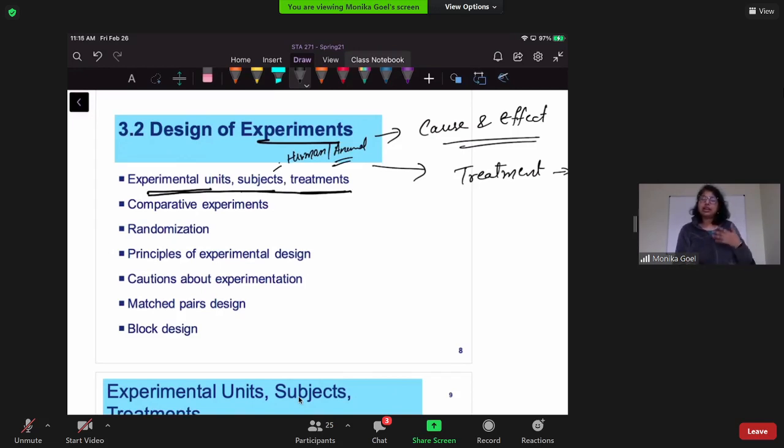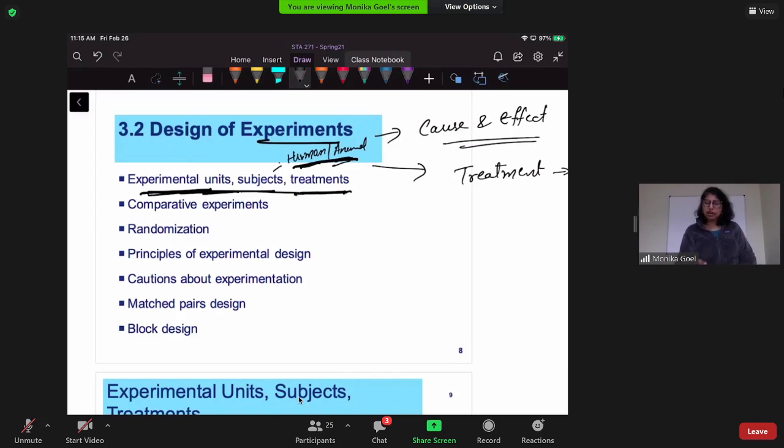And then experimental units not necessarily can be human or animal. They can be anything else, non-human also, maybe fabric or the glass piece or the books. But when these experimental units are human or animal or live, we call them subjects.